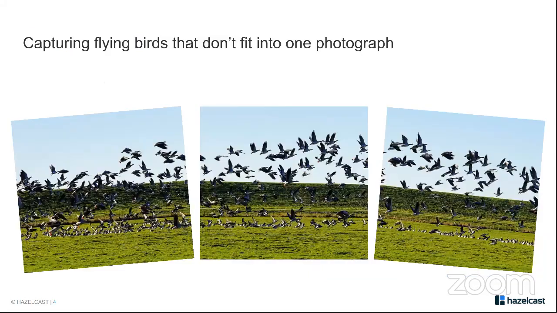Capturing a snapshot of a computation like this is similar to capturing flying birds that don't fit into one photograph. If you take 3 photographs, the birds moved in the meantime, and when you put these 3 photographs next to each other, it won't be consistent. You will see the same bird in 2 photographs, or if it is flying in the other direction, you will miss some birds.